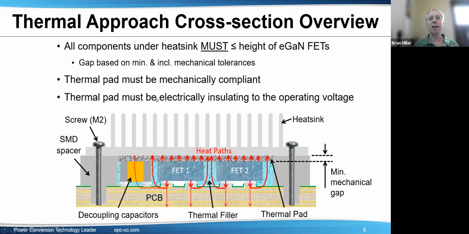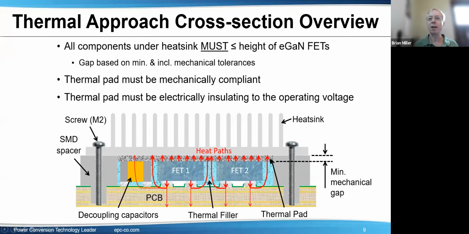And one thing to keep in mind is the thermal pad must be electrically insulating to the operating voltage. That's because the GaN FETs, if you use a meter, like a handheld multimeter, you might measure open circuit between the case and the pins. But with just a little scratch, just a thin oxide, it's not meant to be electrically insulating, just a thin scratch could show a connection between the top of the case and the source pin.